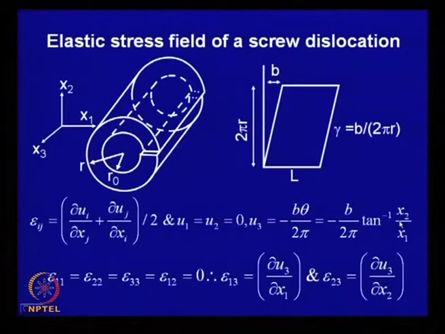This will be tan inverse of x2 over x1. In earlier classes we have seen the scientific, physicist's definition of strain. We made a distinction between pure shear and simple shear.